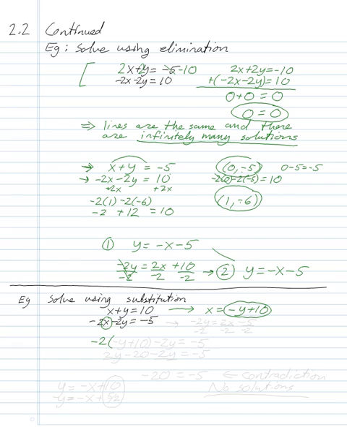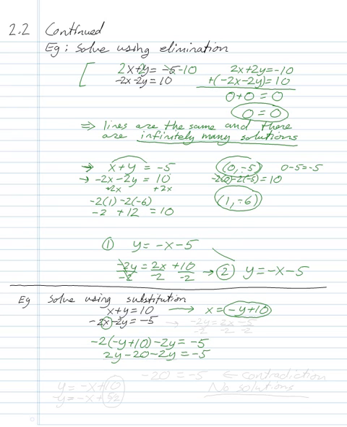-2 times -y plus 10 minus 2y equals -5. I'll then attempt to solve this equation for y. So we see 2y minus 20 minus 2y equals -5.